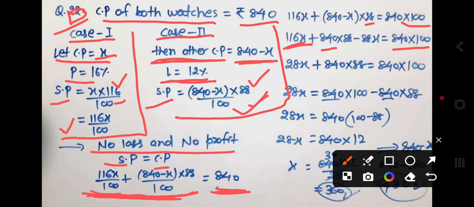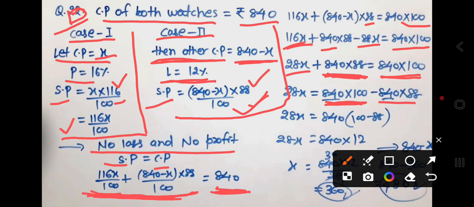So 116x minus 88x will be 28x, and this will be as it is. Then 28x is equal to 840 into 100 minus 840 into 88, because if you transpose it to the other side, it will be subtraction.